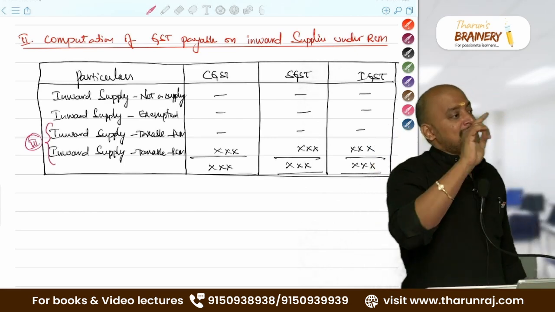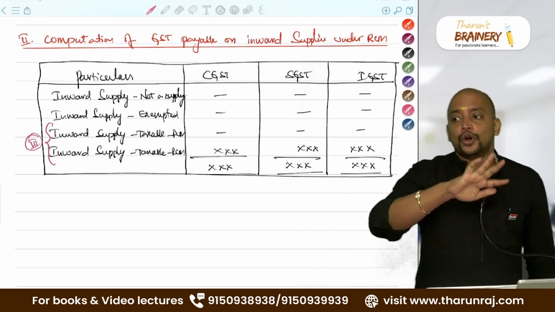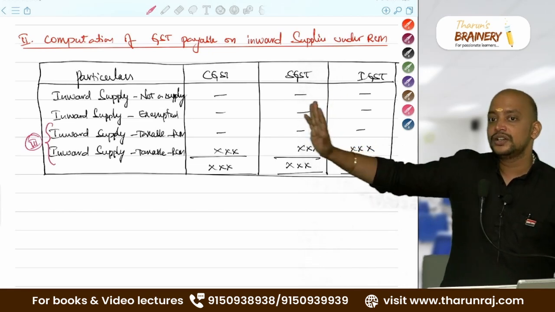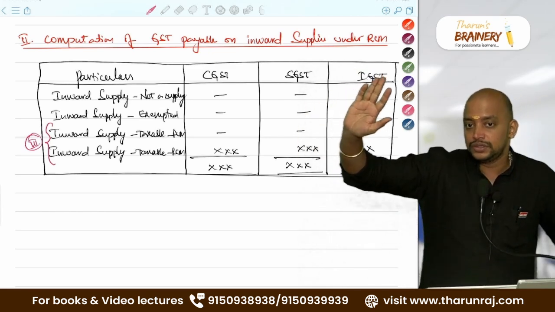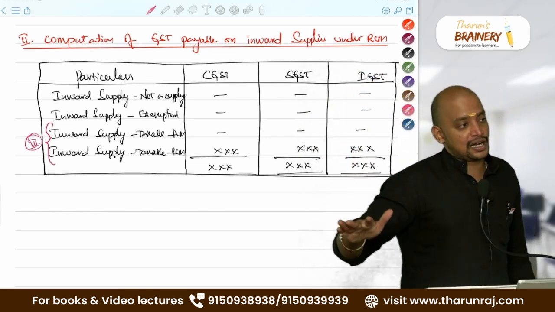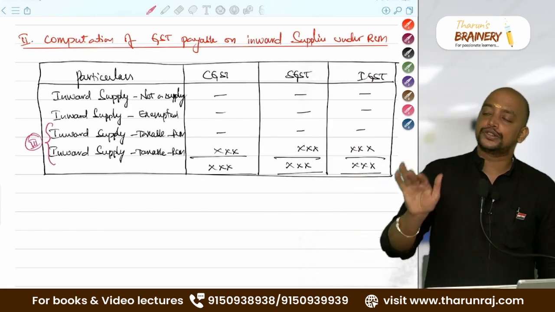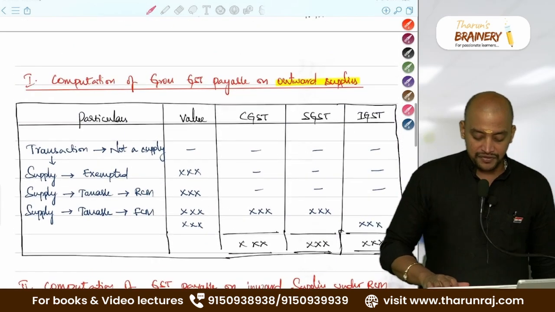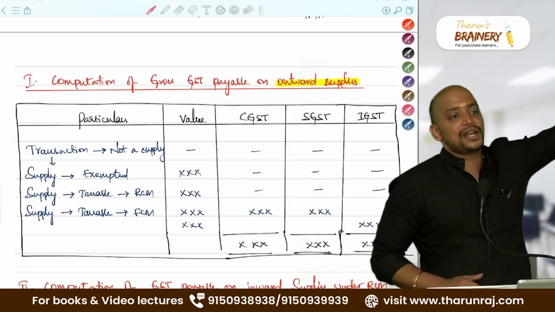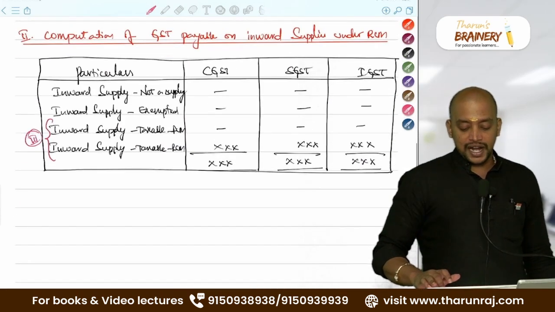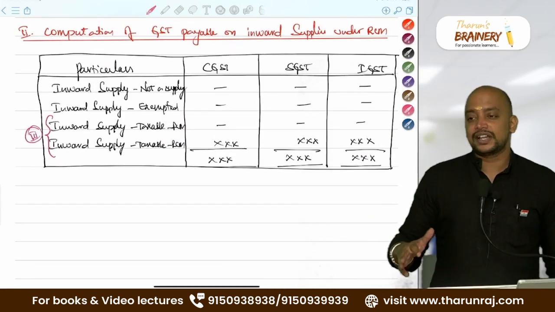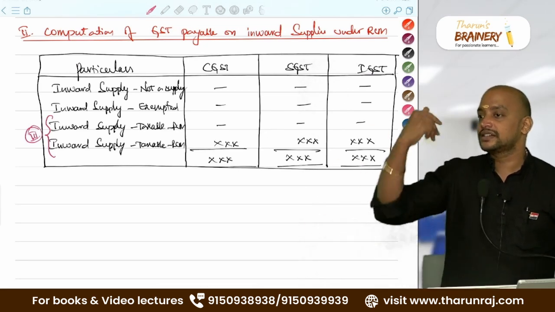But in the second statement, when it is taxable under FCM, you don't take. Should we write a note? No need to write a note related to this, or if you want to write, it's up to you. But if you are not writing also, it's okay. But for outward supply, everything you need to write the note. For inward supply, not necessary, but on the safer side I will write, sir, right, nothing wrong in that.